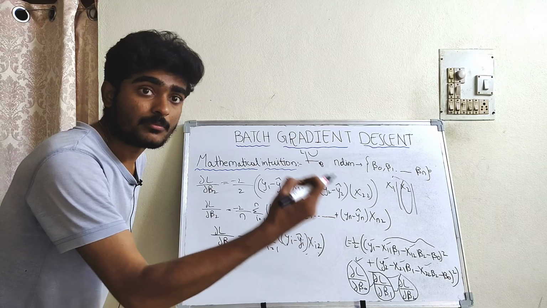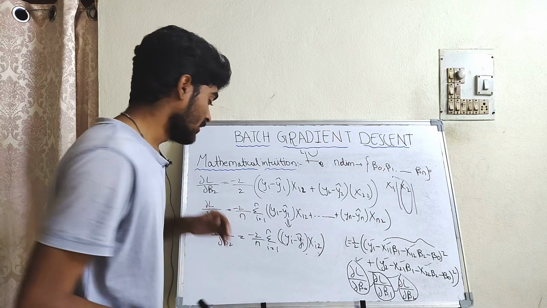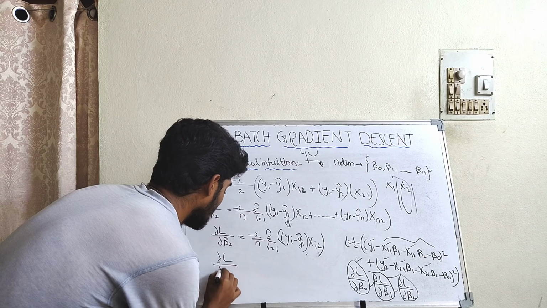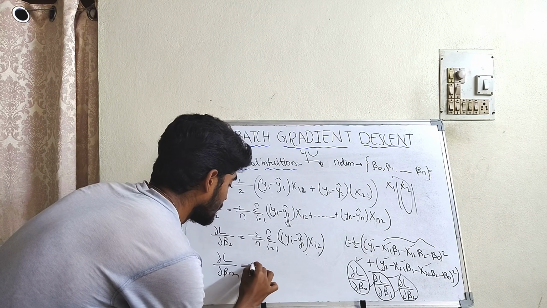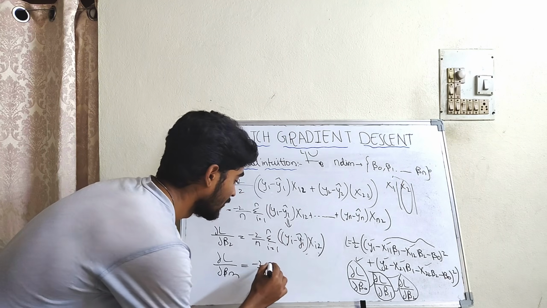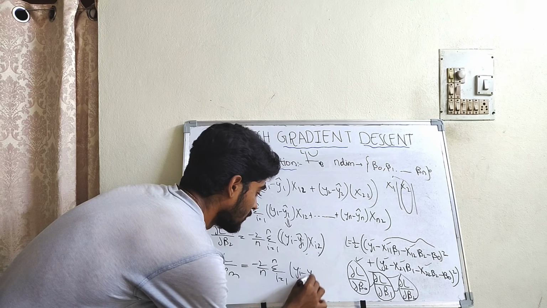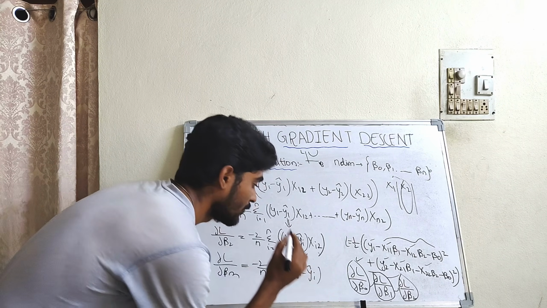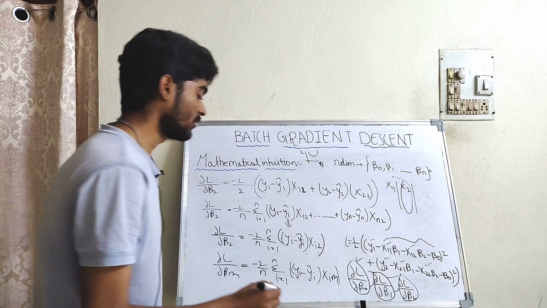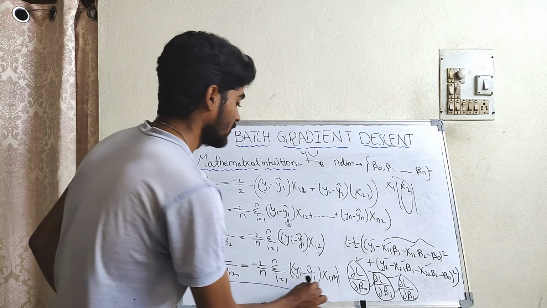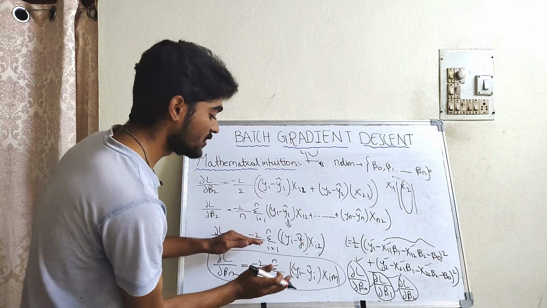Now when you have m columns in your data, that is x1, x2, x3, and so on up to m columns, the generalized formula will be del L by del beta m equals minus 2 by n, summation of i equals 1 to n, yi minus yi hat times xim. Here m determines the number of columns and n the number of rows. This is the generalized formula when you have m columns and n rows in your data.